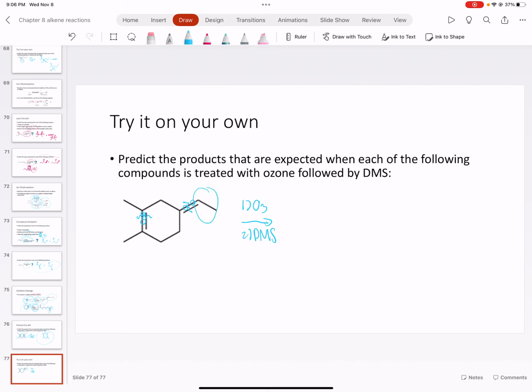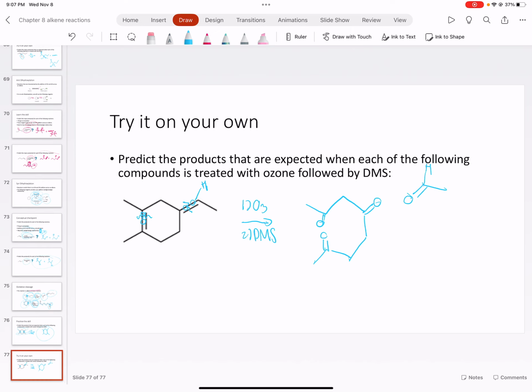This one is just hanging in the air. So then let's see, I would get something like this. Let me make them a little bit more separated. Okay, perfect. And then I will get this. And that should be all the reactions for this chapter.